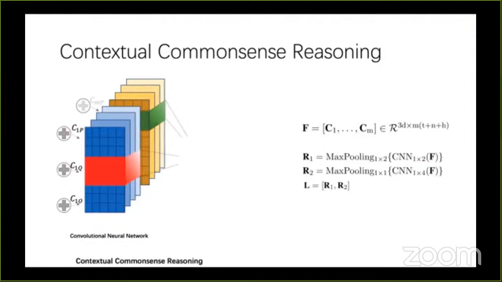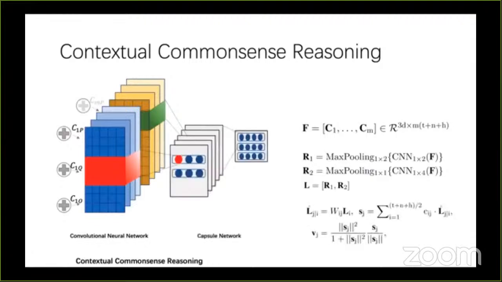In some situations, the candidate option set contains distractors that are quite similar to the correct answer. In other words, understanding the relation among the option set is also important. Therefore, we employ a capsule network which uses a routing by agreement mechanism to capture the correlation among different options and make the final decision.